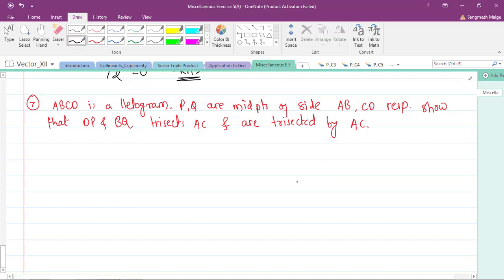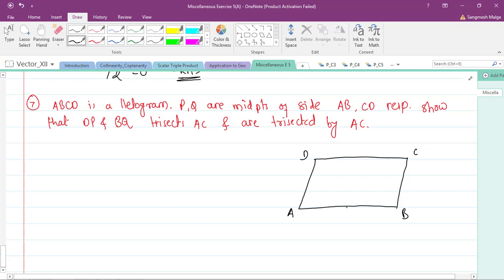Because see, let's find out the figure first. So this is a figure. So this is a parallelogram we have. The parallelogram ABCD, A, B, C and D. Now what they are saying: P and Q are the midpoints of sides AB and CD.